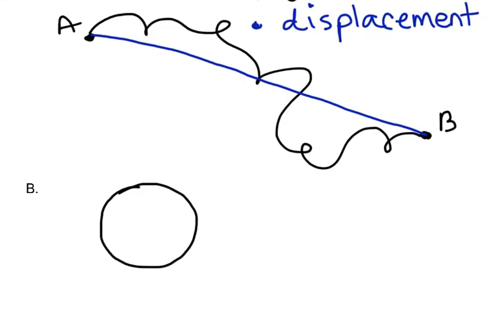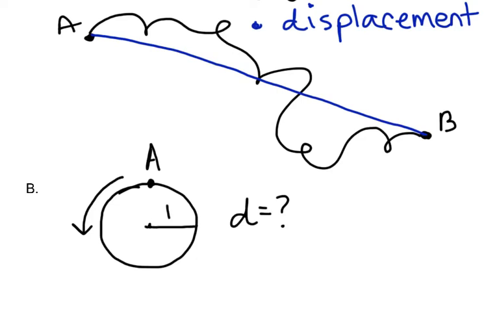So let's look at another example between distance and displacement. Let's say I have a circle here, and some object starts at point A. They travel around the circle counterclockwise, and they end where they started. So they started at point A and they end at point A. Now, what is the distance that this object traveled? Well, there's a radius to this circle.